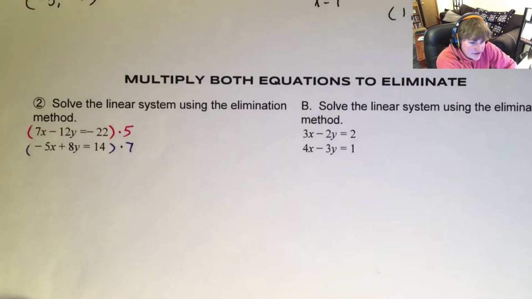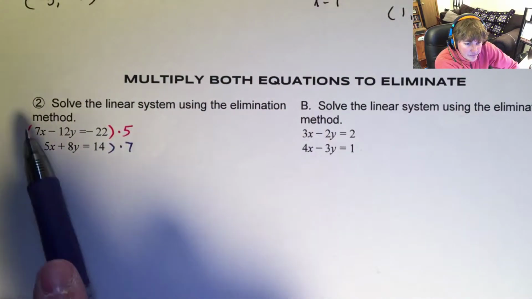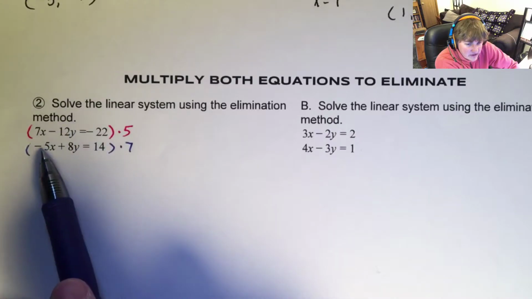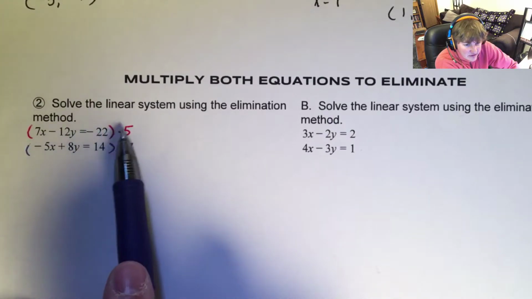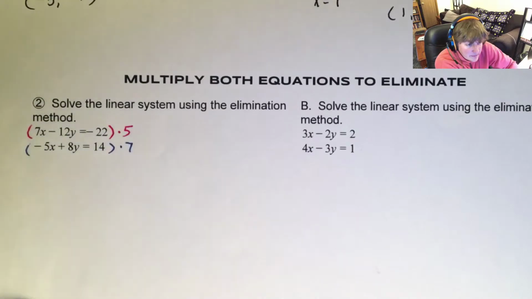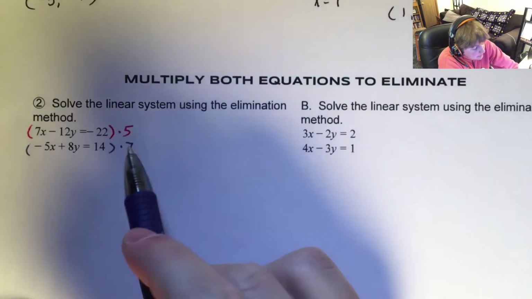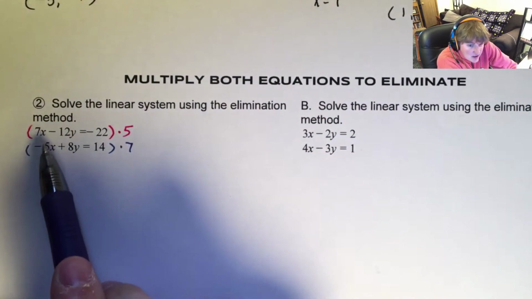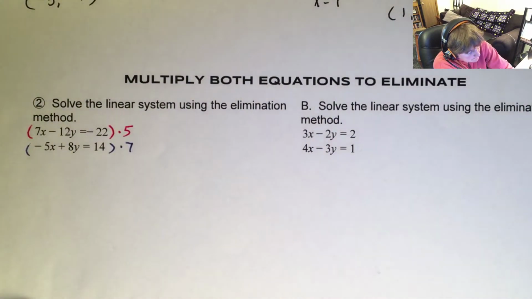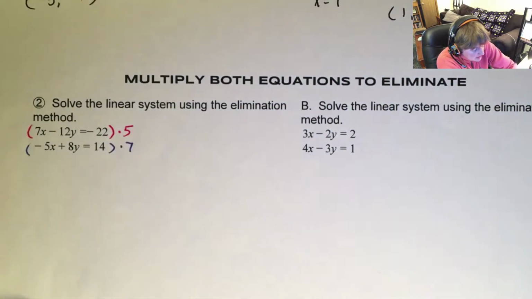It's not a coincidence that I have a 5 here and a 5 there, and a 7 here and a 7 there. Often I found for students that's going to be the easiest way to go. All right, and again, these are both positive numbers because I already have one that's positive and one that's negative. Okay, so let's go ahead and distribute.